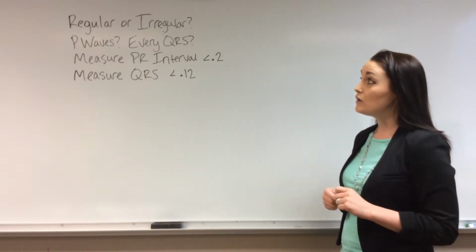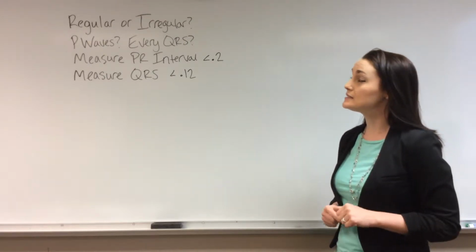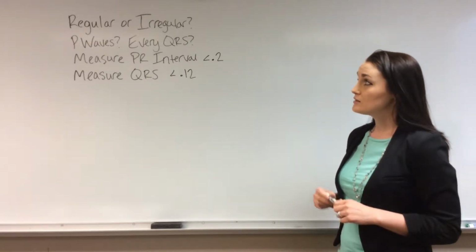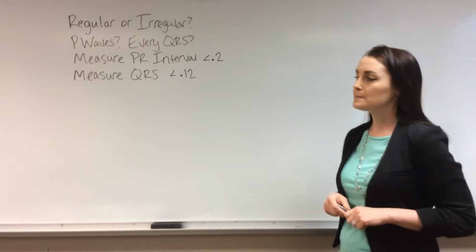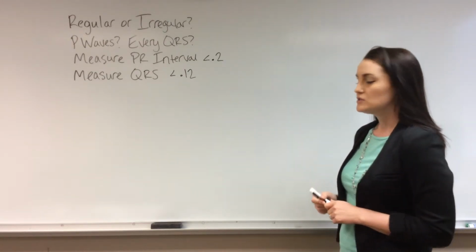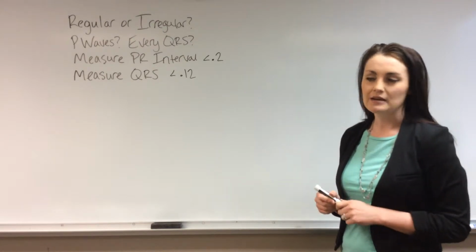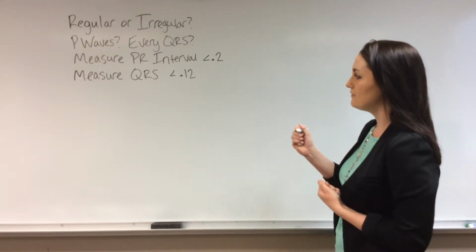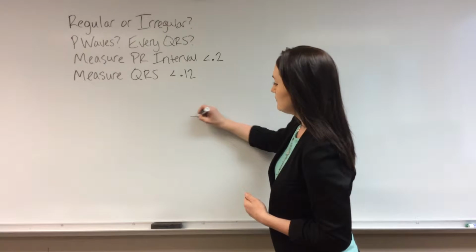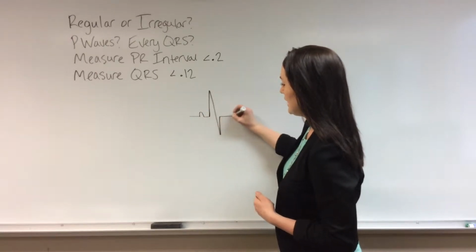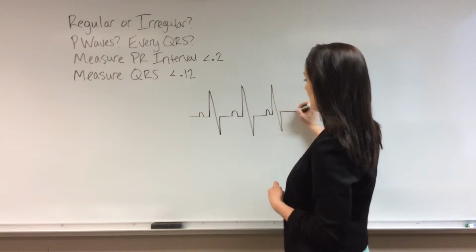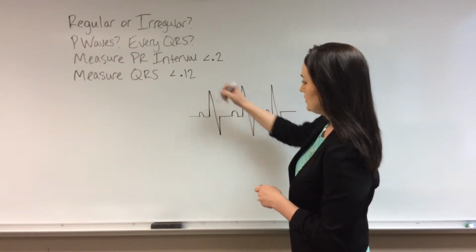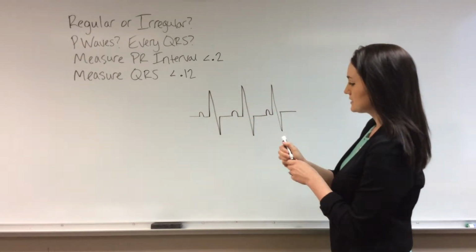How I start out with any rhythm analysis is I first start out with looking at, is the rhythm regular or irregular? So a good way to do this, and you can do this with any EKG paper that you have. So if you have your cardiac rhythm, and here are your P wave and your QRS, P wave, QRS.